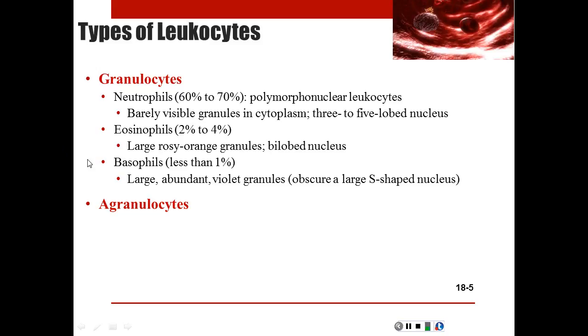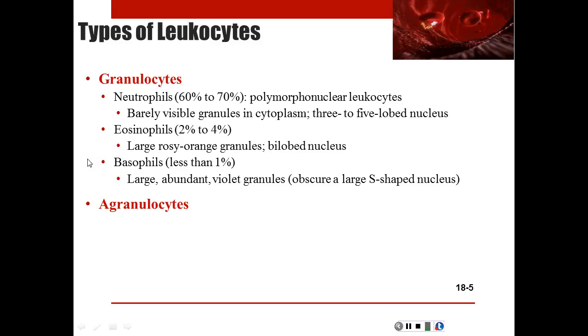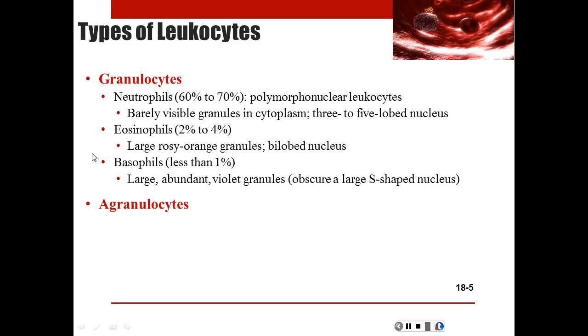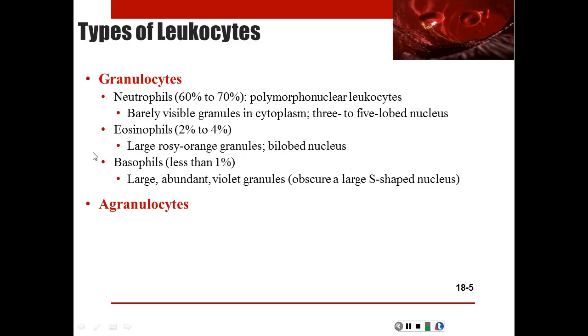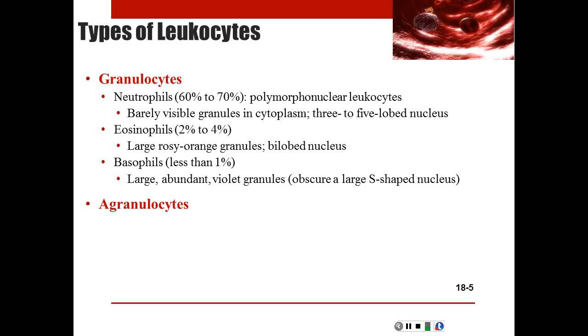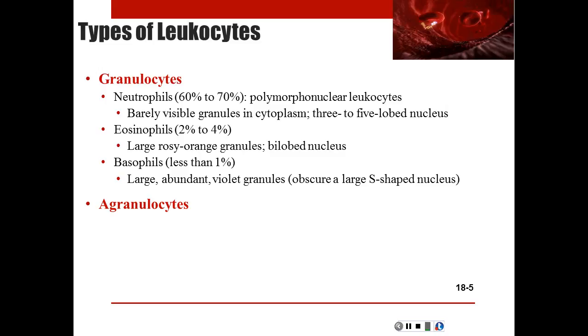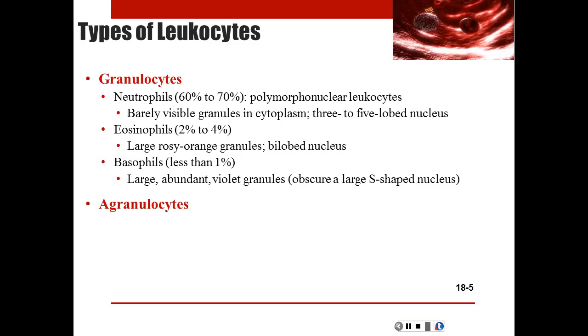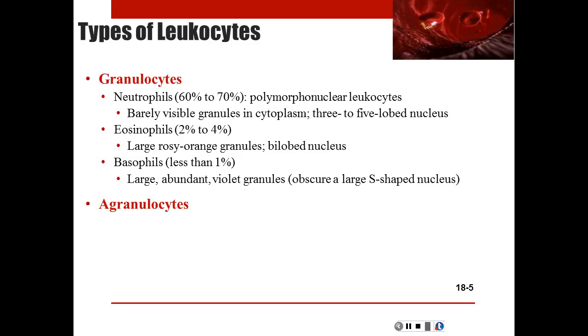The neutrophils have barely visible granules in the cytoplasm and a 3 to 5 lobed nucleus. The eosinophils have large rosy orange granules and a bi-lobed nucleus. The basophils have large, abundant violet granules with an obscure, large S-shaped nucleus.